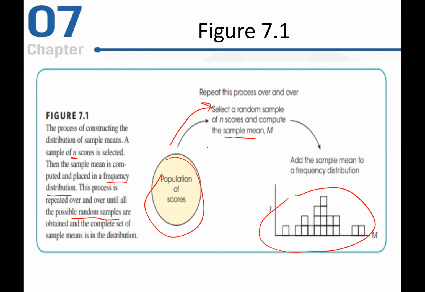When we have taken all of the sample means of a certain sample size and put them into this frequency distribution table, this will be called a distribution of sample means, a distribution made up of sample means.